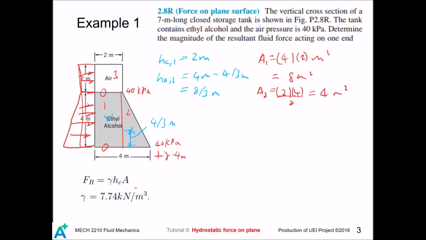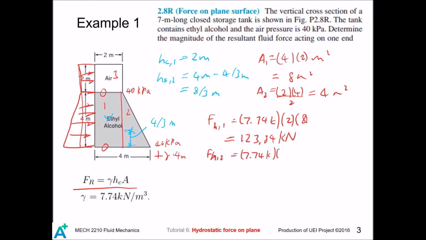So now we use this formula for both the rectangle and the triangle. For the rectangle, that is about 100 and something kilonewton. For section 2, and for the air pressure component, we have to consider all sections 1, 2, 3.